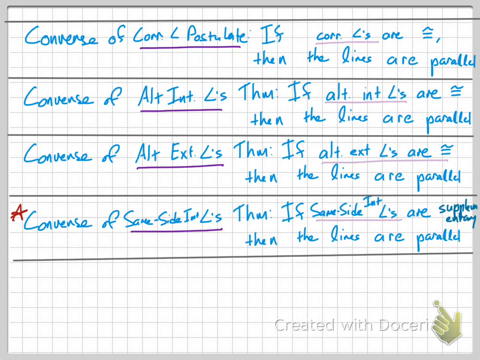Also, I want to make a note that we will be using the converse of these postulates and theorems in our next section. And the converse, we are reversing the order of our statements. So here we use this to prove parallel lines.